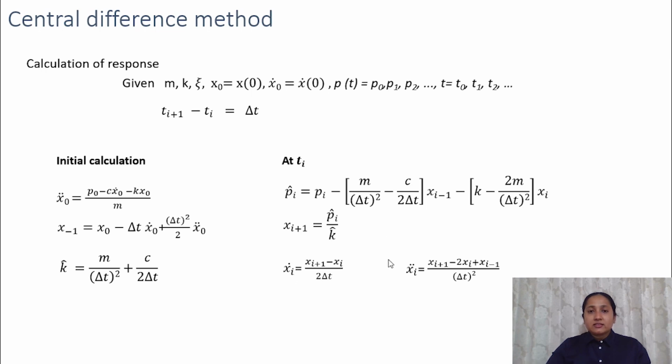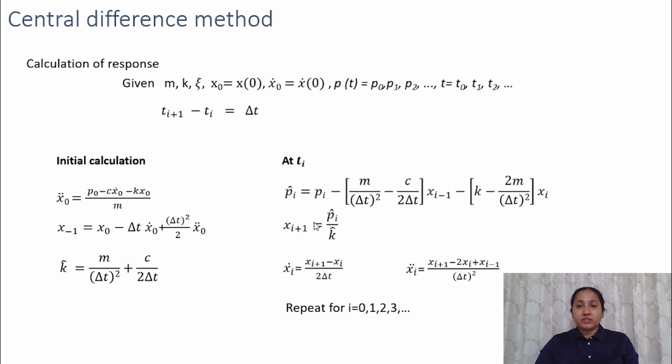So, and this can be repeated for different time instants. That is, we can repeat this for different values of i. So if i is equal to 0, we can get this expression as p cap 0.